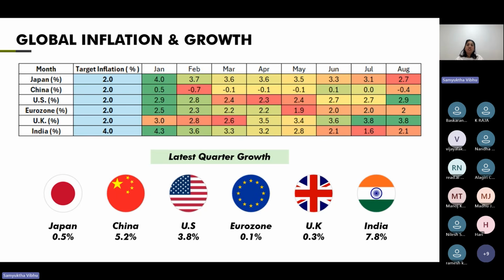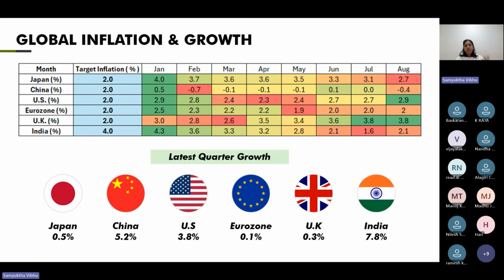In the Eurozone, you're seeing some cooling which has come in primarily because of some reduction in energy costs. But US inflation is very much closer to 3%. And this is at a phase where the US has also started cutting interest rates. And they are looking to bring rates down lower in the coming months and quarters.